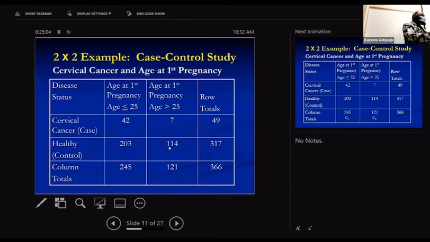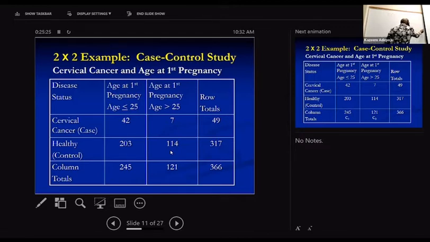They are the observed values. I'm going to write that: observed. We need the expected value for each cell.